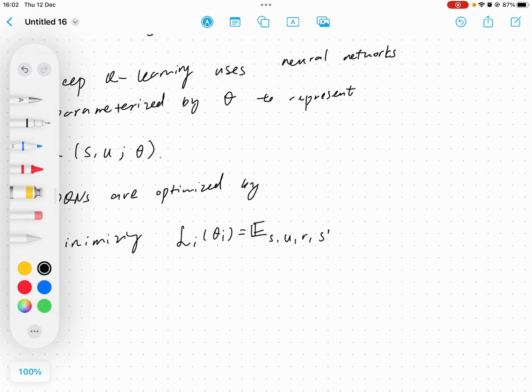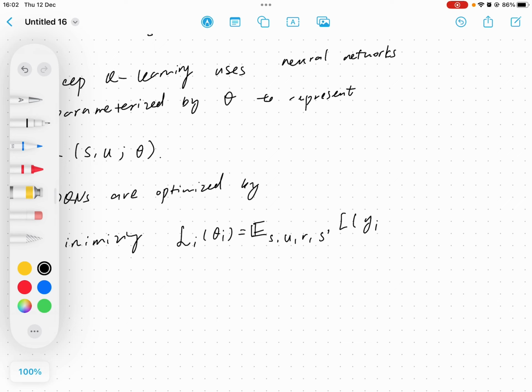And this expectation will be just the mean square error, right? Here we have this y_i, which is the objective, sort of the label in a normal deep learning problem.